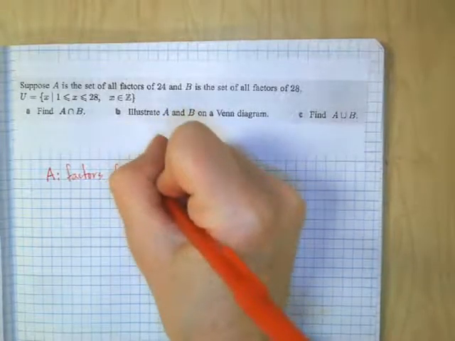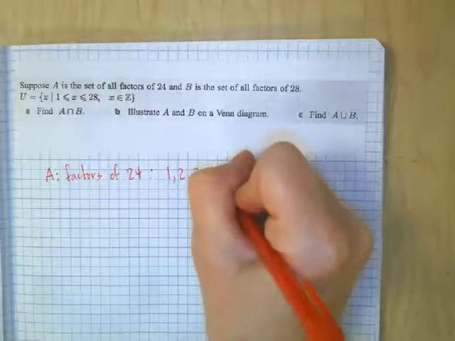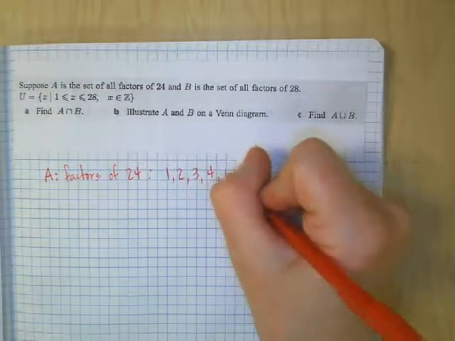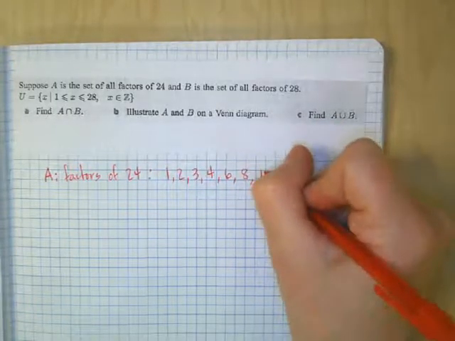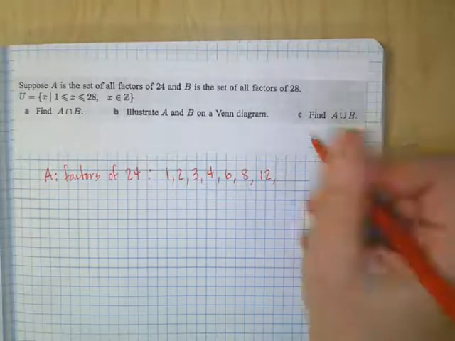The factors of 24 are 1, 2, 3, 4, not 5, because 5 can't be divided into 24, 6, not 7, 8, not 9, not 10, not 11, 12, yes, not 13, 14, 15, 16, 17, 18, 19, 20, all the way until 24.